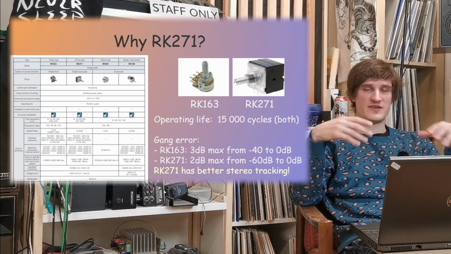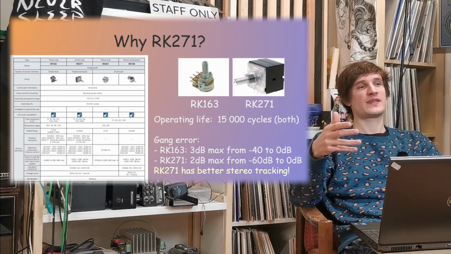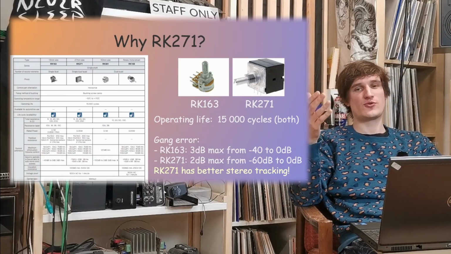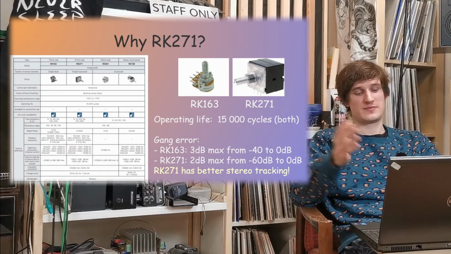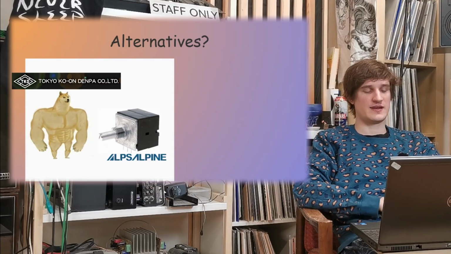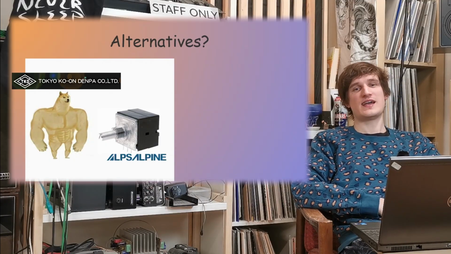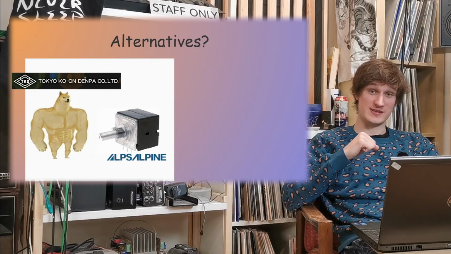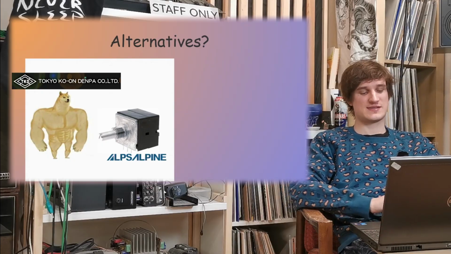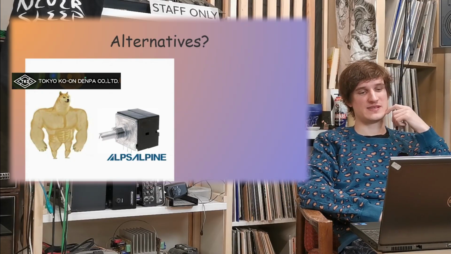So it's a very popular, widely used part, and the question is why people are not using some alternatives. There are some alternatives, and there is one really strong alternative, but it's 4 times more expensive.